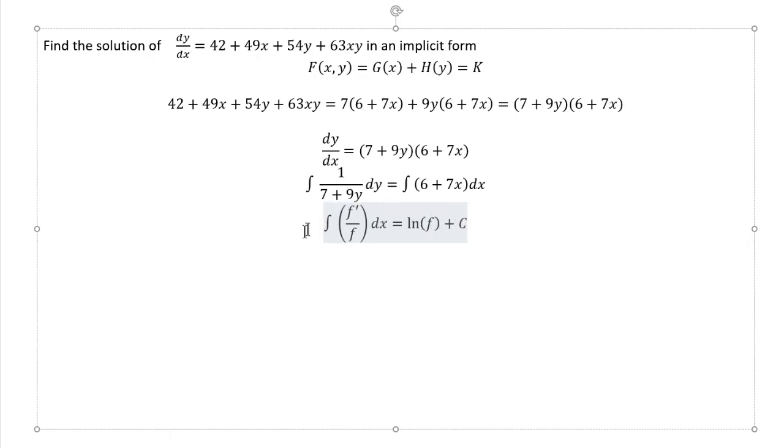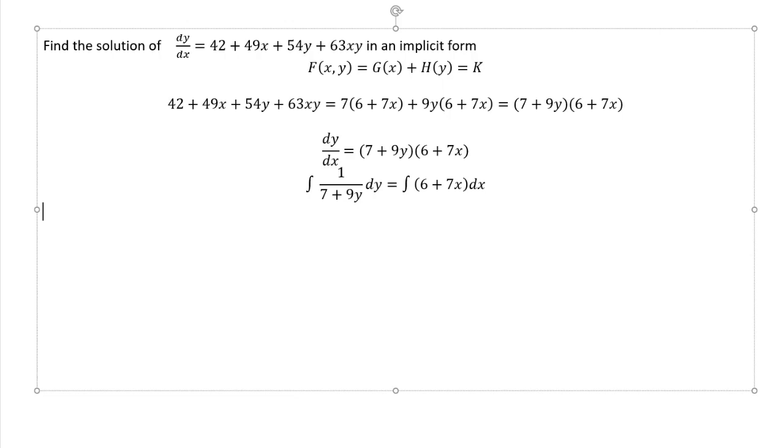So I'm using this fact, except that if you differentiate 7 plus 9y, 7 becomes 0 and 9y becomes 9. So you really need a 9 there, but we only have 1. So what you do is you put a 9 here and you put a 1 over 9 in front, so that this indeed looks like f prime over f.